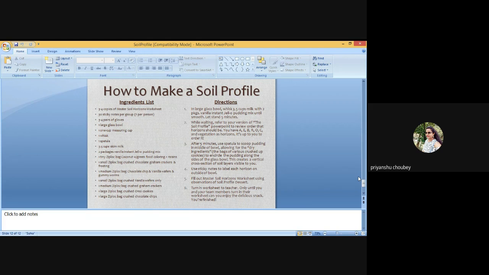Subordinate distinctions within master horizons: lowercase letters are used as a suffix to designate specific kinds of master horizons.